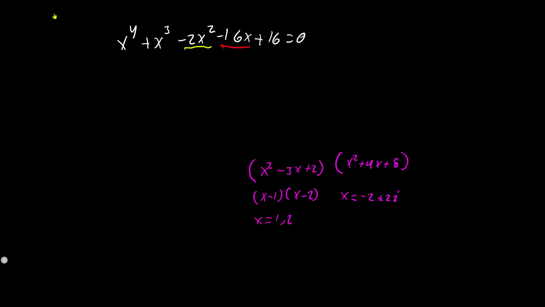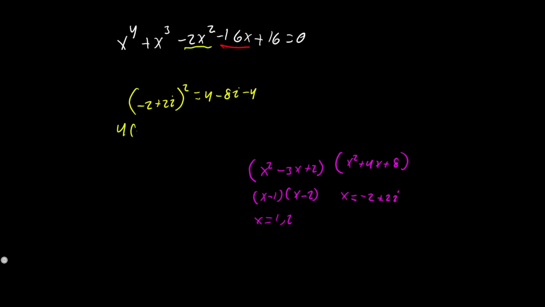So now we're going to go ahead and plug it into our quadratic. Negative 2 plus 2i squared, which is 4 minus 8i minus 4.